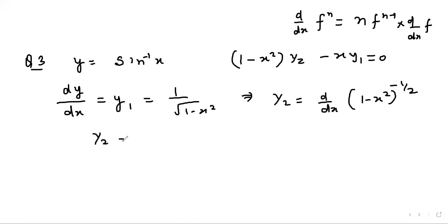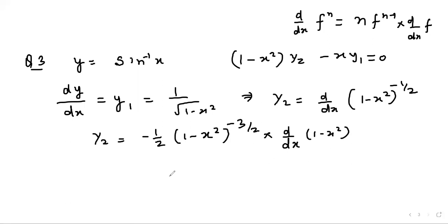So y2 will be equal to minus 1 by 2, 1 minus x square power minus 3 by 2 times d upon dx of 1 minus x square. That will give minus 2x. So minus 2x, and there is already a minus sign, divided by 2 times 1 minus x square whole power 3 by 2.